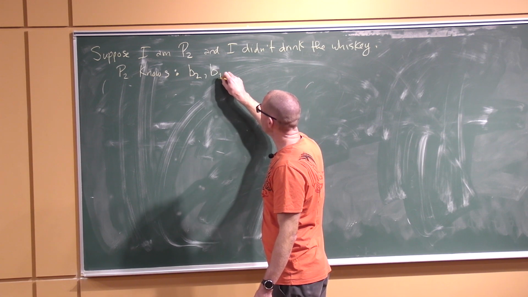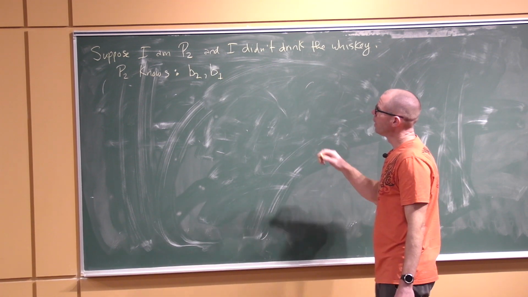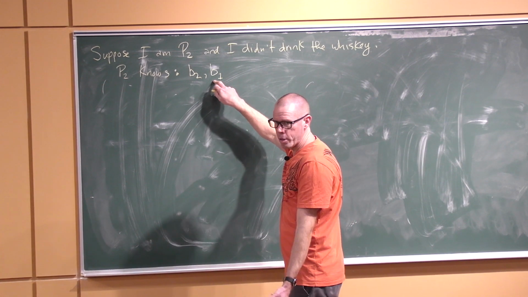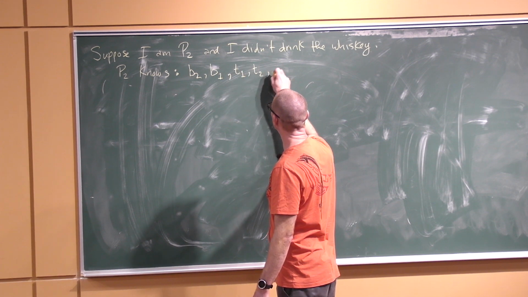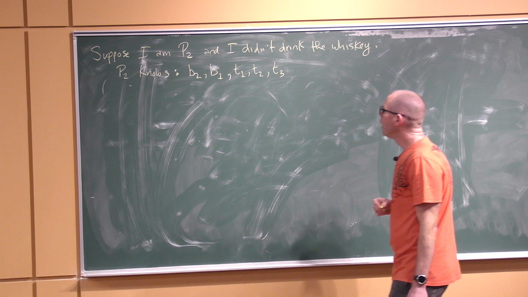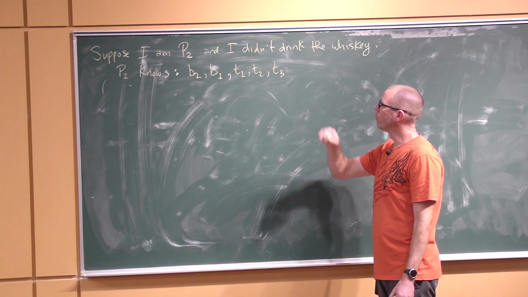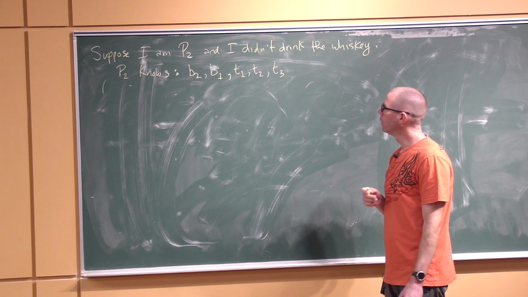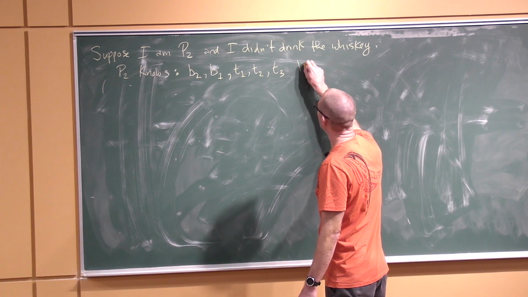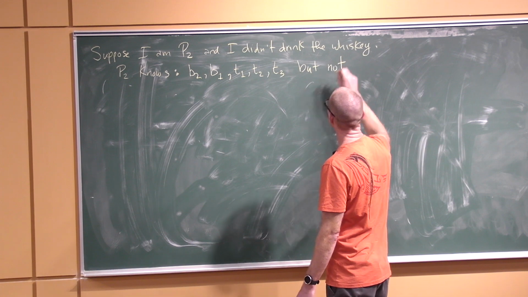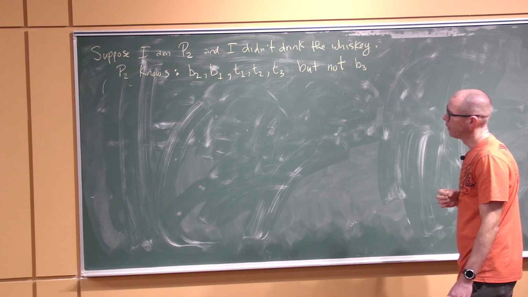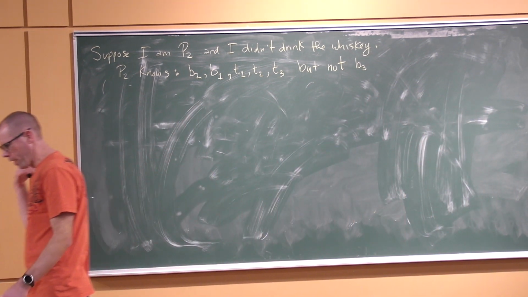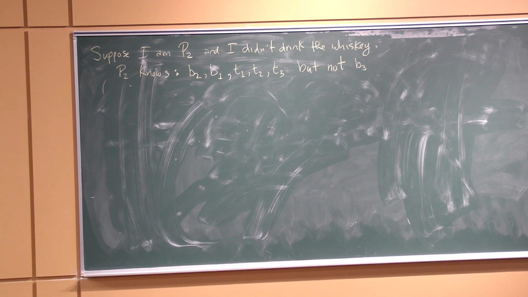He knows the value B1 because P1 whispered it in his ear. And he knows T1, T2, and T3, as well as anything that they can compute from that, including the value of B. But he doesn't know B3. Right? P2 learned from P1 what their person's random bit was. P2 knows what their own random bit was, but there's still this random bit that they don't know.